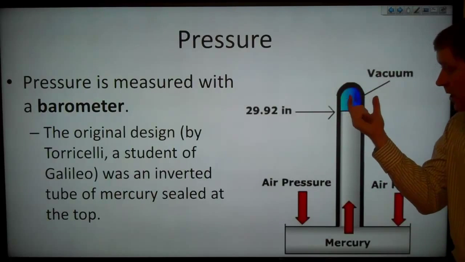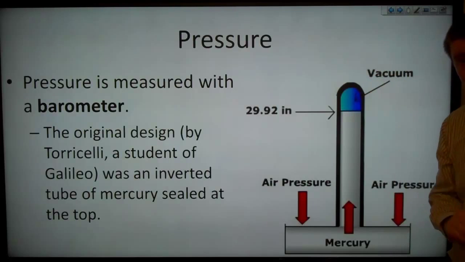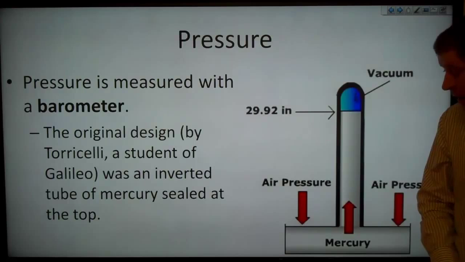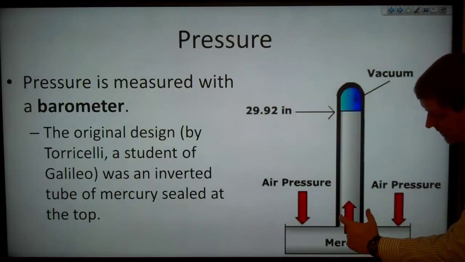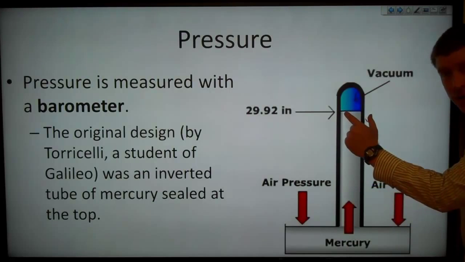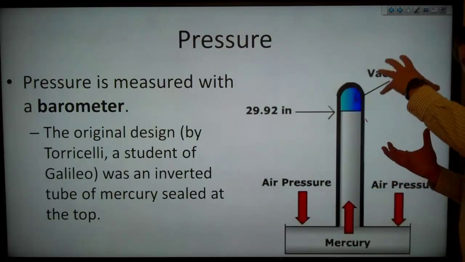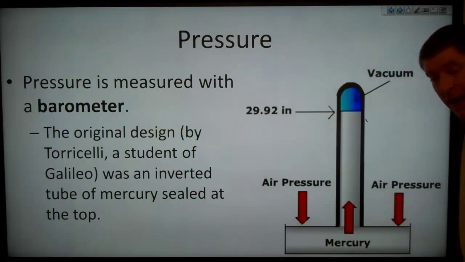So if there's a vacuum in there, then there's nothing pushing down on the mercury aside from gravity pulling down on the mercury inside. But because there's air outside, then basically the weight of that column of mercury inside is equal to the weight of air pushing down on the outside.